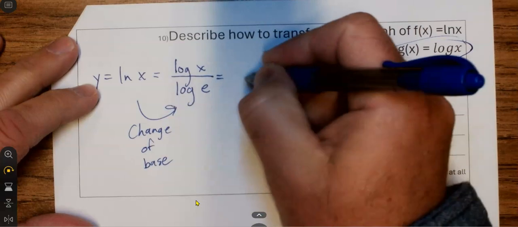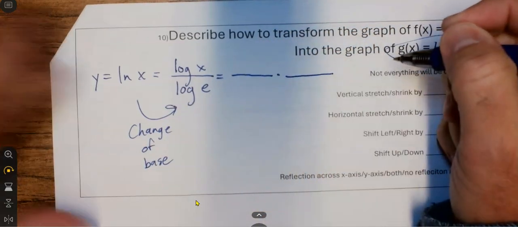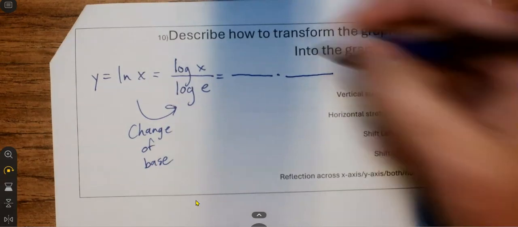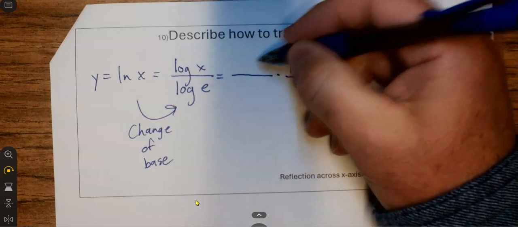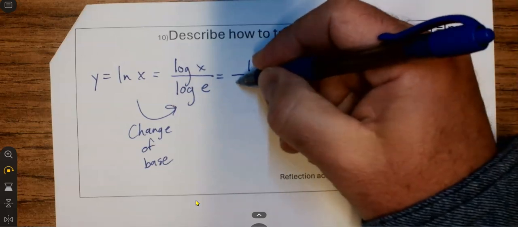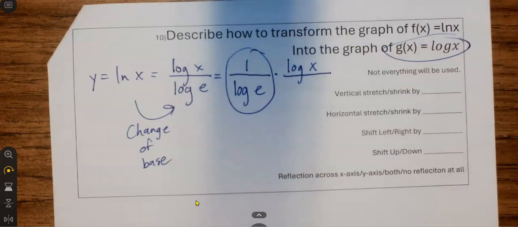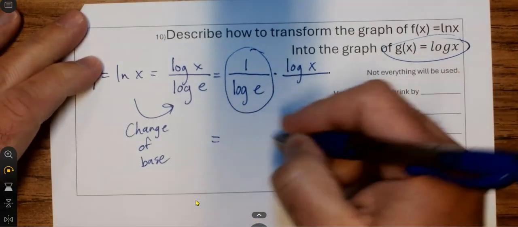What did we do with this when we did this in our example? Didn't we split it into two fractions? One of them was log x. What was the other one? 1 over log e. Is 1 over log e something you can type on a calculator? Okay, you should be finding that number right now.